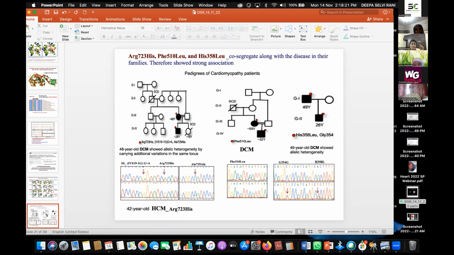One is DCM, that person is 48 years old, and another is a 42-year-old HCM patient. This DCM patient again showed allelic heterogeneity by carrying additional variations in the same locus: one splice site variation and another synonymous variation. Here, in this histidine to leucine, we also found one more synonymous mutation in the same locus.